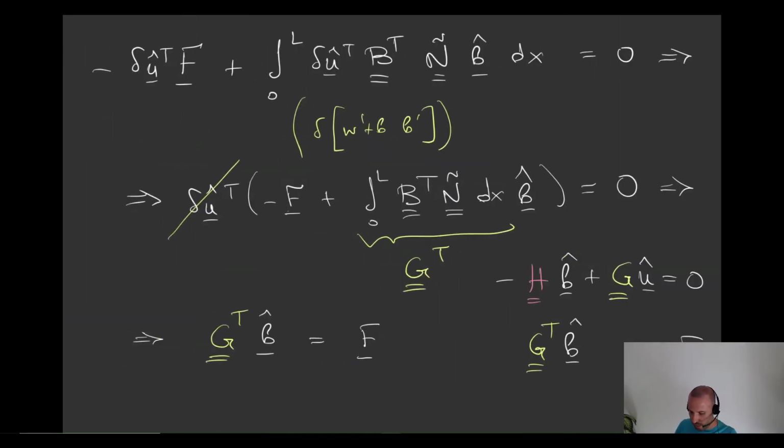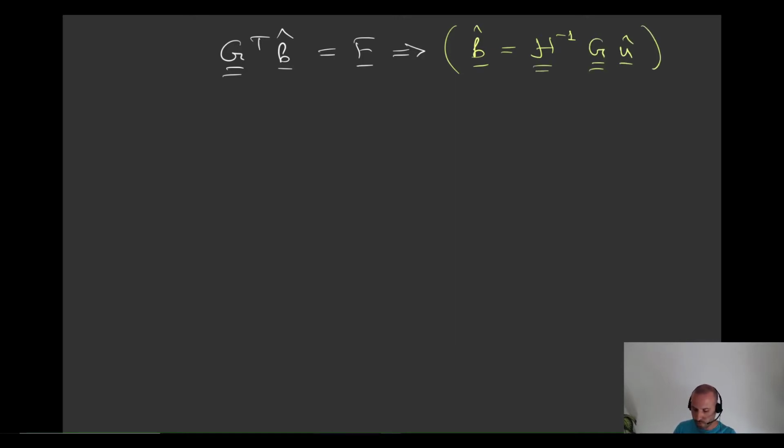So we had G transpose times beta vector is equal to F. And by substituting the condition we had before, which was beta degrees of freedom is equal to H inverse matrix times G times U, degrees of freedom for the primal unknowns, we now obtain G transpose times H to the power of minus 1, so inverse, times G times U degrees of freedom is equal to F.